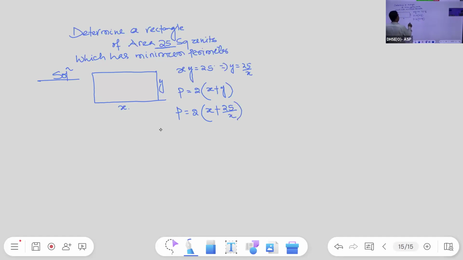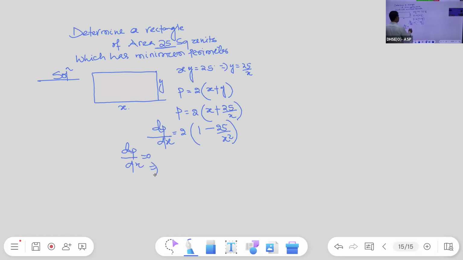So dp upon dx is equal to 2 into 1 minus 25 upon x square, since the derivative of x is 1. For extremum value, dp upon dx equals 0.